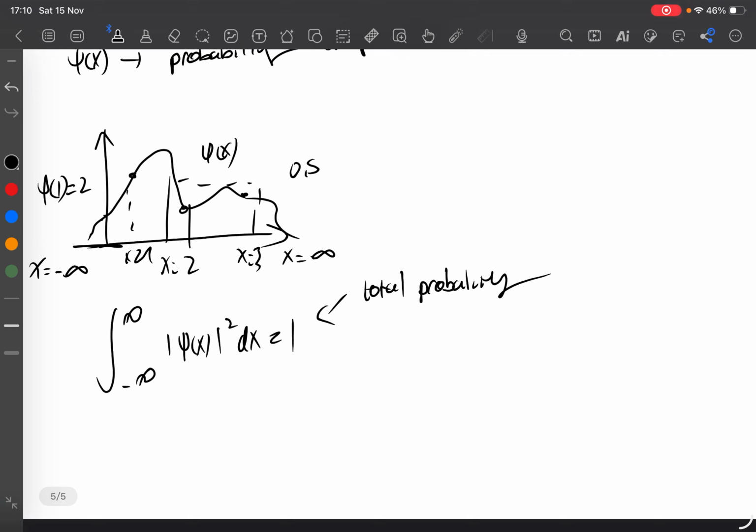So here's the key concept. The wave function absolute value squared means the probability density.